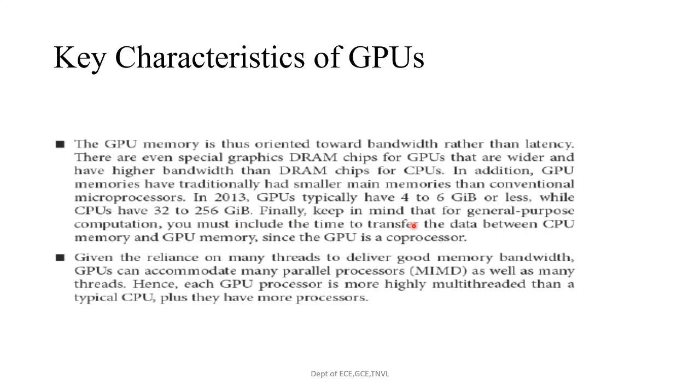Finally, keep in mind that for general purpose computation, you must include the time to transfer the data between the CPU memory and the GPU memory, since the GPU is a coprocessor. Given the reliance on many threads to deliver good memory bandwidth, GPUs can accommodate many parallel processors as well as many threads. Hence, each GPU processor is more highly multi-threaded than a typical CPU, plus they have more processors.